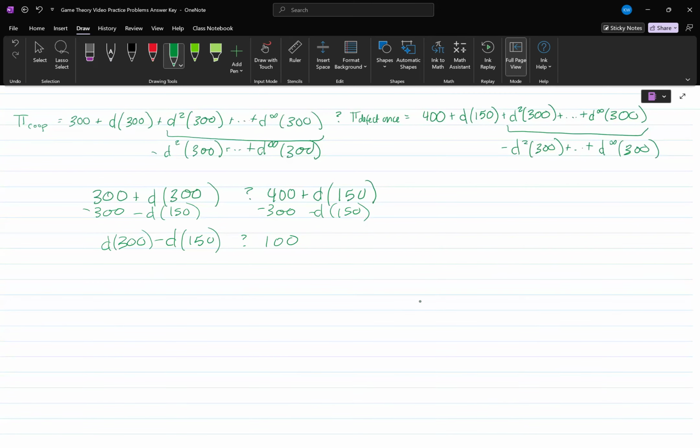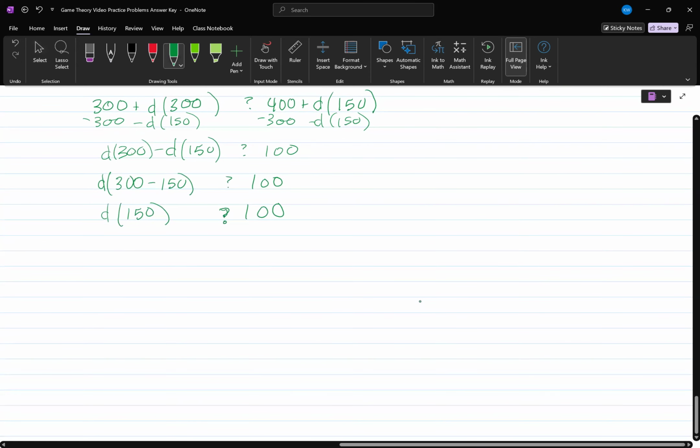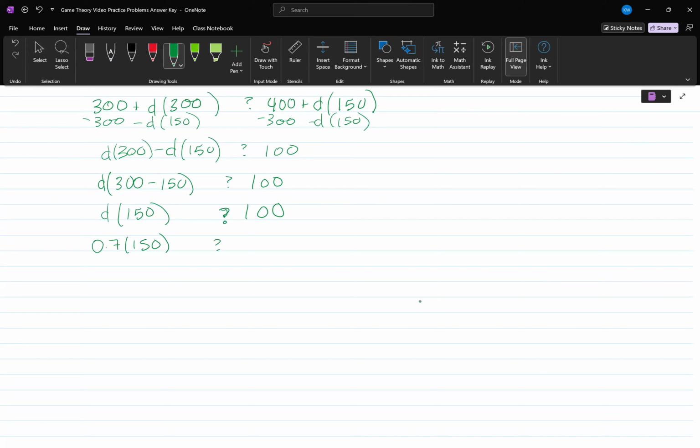We can pull out this discount rate since it's modifying both 300 and 150 and be left with the discount rate times 300 minus 150. And we want to know how that compares to 100. And then simplifying, we have the discount rate times 150, and how does that compare to 100? And finally, our discount rate, of course, is 0.7 times 150. How does that compare to a payoff of 100?